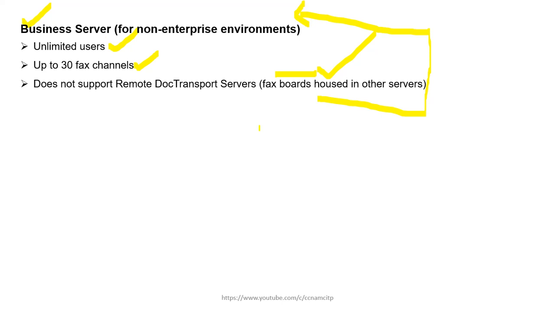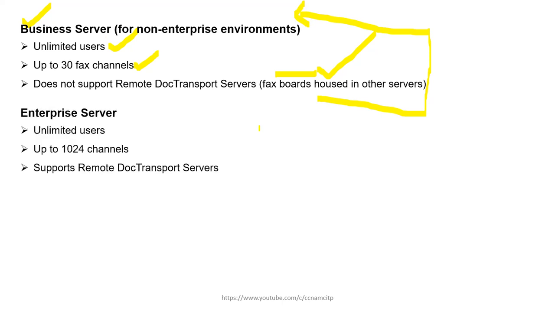Okay, now let's see the next one, that is enterprise server. So the difference between business server and enterprise server is, you can see here, the first one is giving you unlimited users. Okay, and if we talk about enterprise server, here also you can create unlimited users.